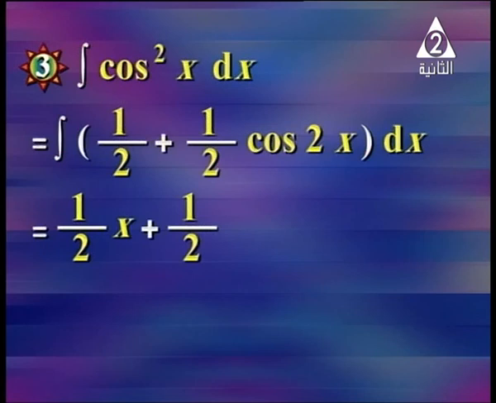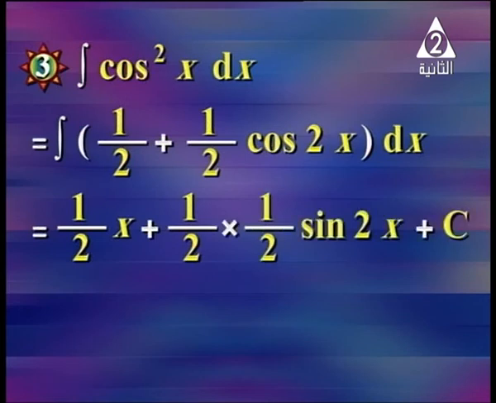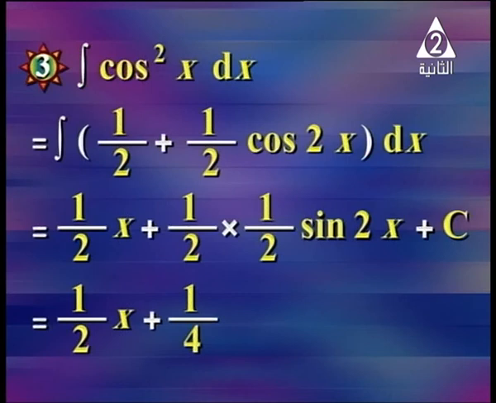What is the integration of half cosine 2x? Constant half multiply cosine 2x equals sine 2x divided by 2. Then the integration becomes half x plus half sine 2x... equals 1 over 2x plus 1 over 4 sine 2x plus c.